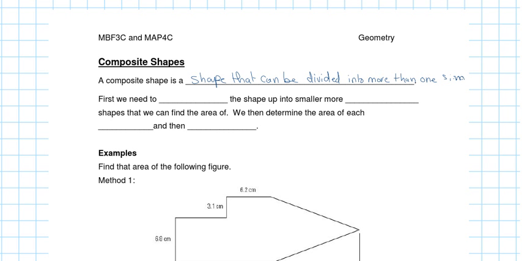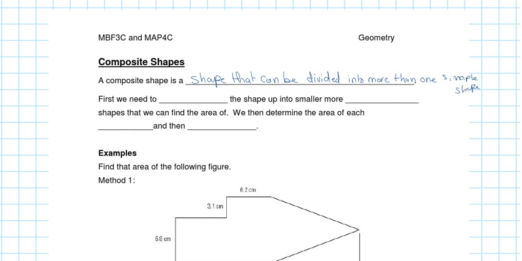So that means a composite shape could be made of a rectangle, a triangle, or a trapezoid put together to form a shape. It could be made of a semicircle and a rectangle, or a circle and a rectangle. So it could be multiple things added together to form that shape.